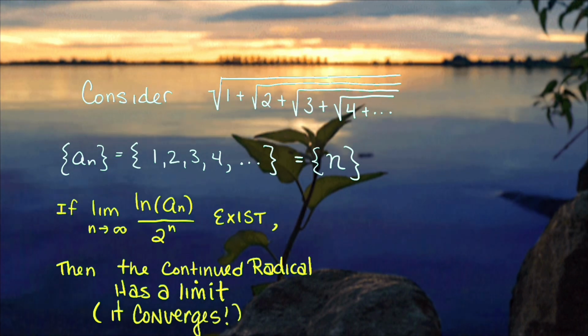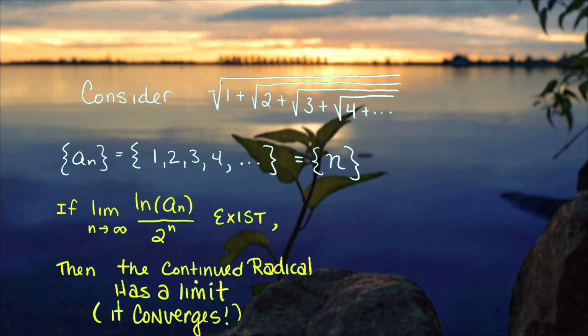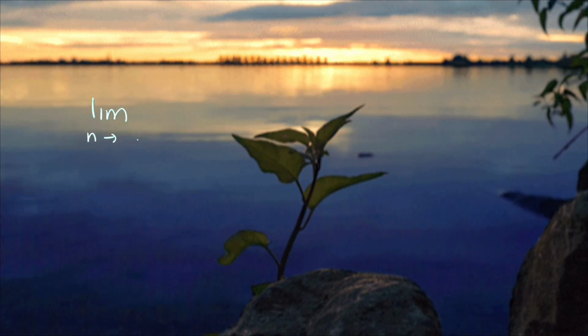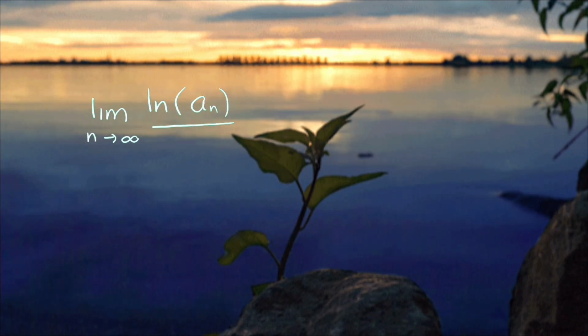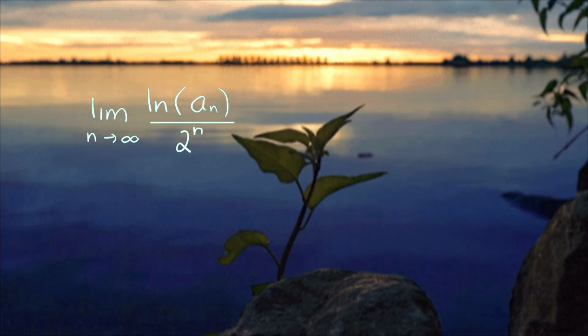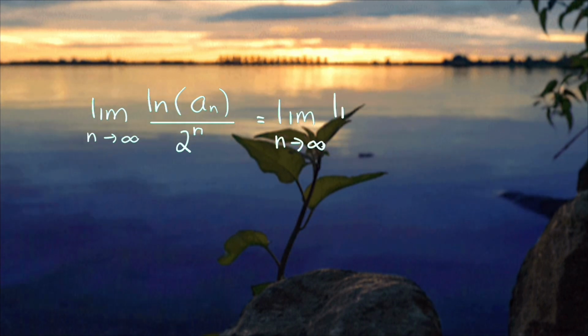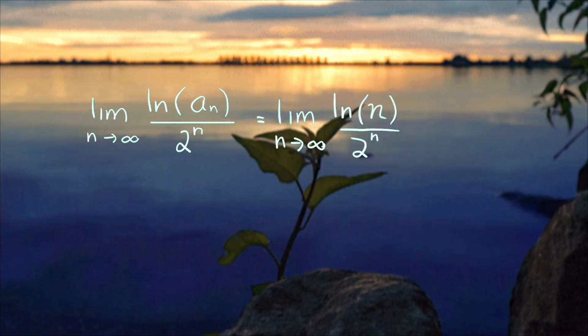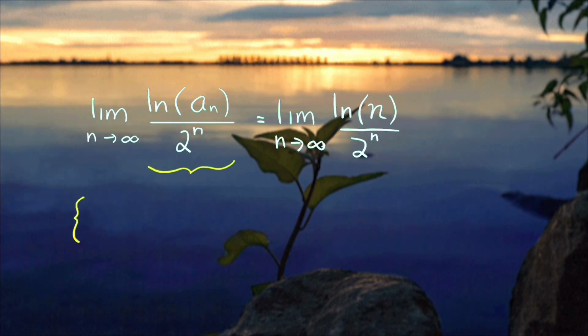In other words, it would approach a limit, it would converge. So the limit of the natural log of a_n over 2 to the n would be the limit as n goes to infinity of natural log of n over 2 to the n.